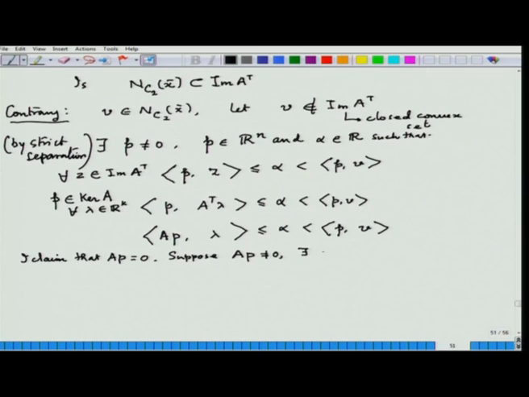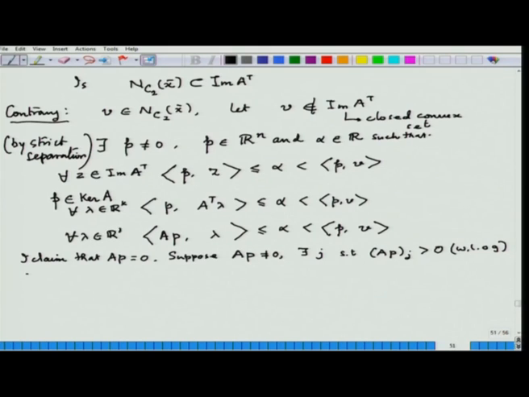Then there exists, say, a jth component such that the jth component of AP is either greater than 0 or less than 0. Let me take this to be strictly greater than 0. This can be done without loss of generality; you can do negative also. So this is true for all lambda.